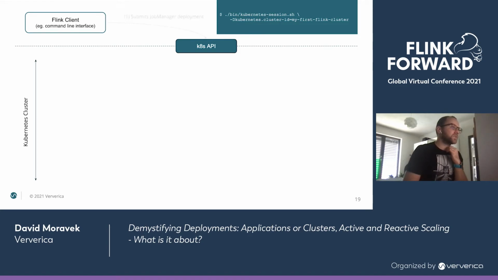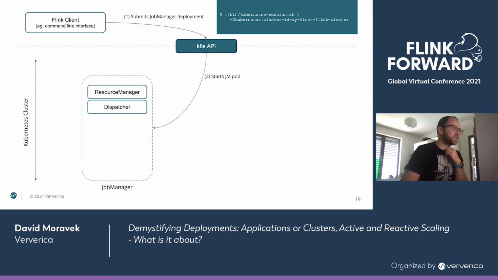And once we execute this command, the Flink client, which this command spawns, submits a job manager deployment to the Kubernetes API. It's very similar to just calling kubectl apply job manager deployment on your own, but Flink does everything for you here.